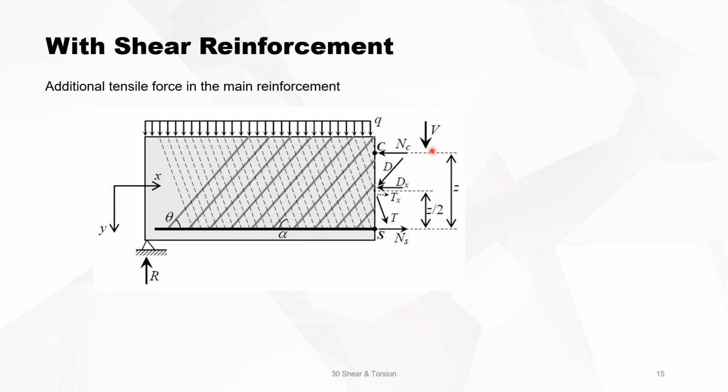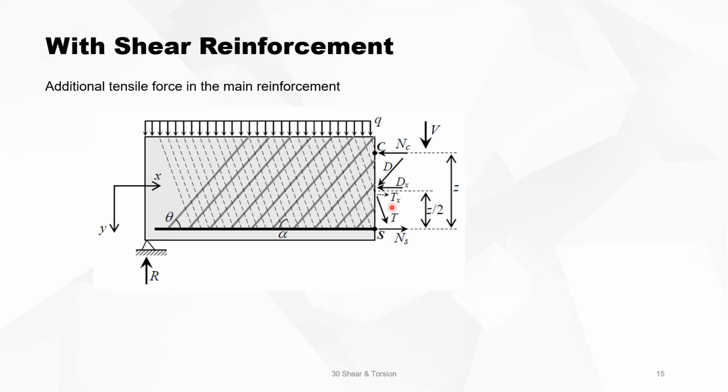The shear force is V, and C is the compression force in the concrete, and S is the tension force in the longitudinal reinforcement due to the bending moment. Then we know that T is the tension in the stirrup, and D is the compression in the compression strut.